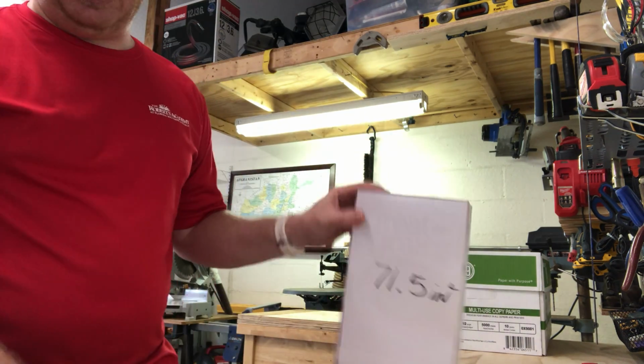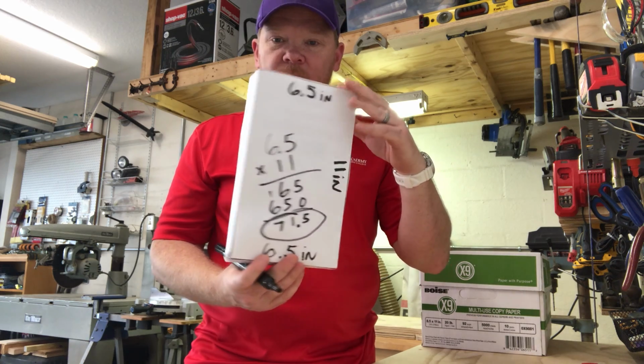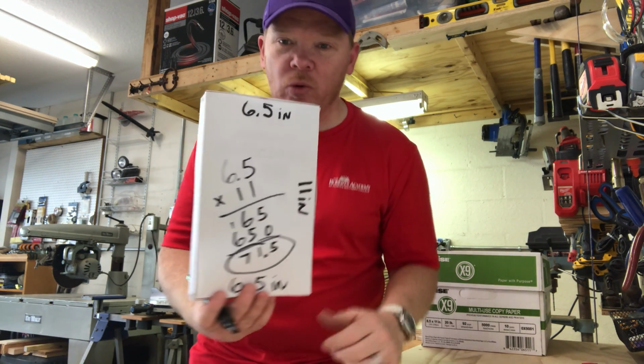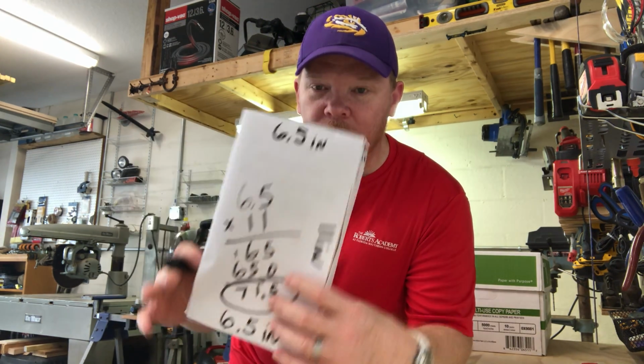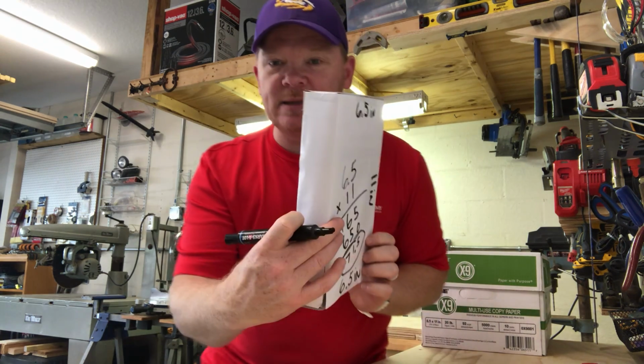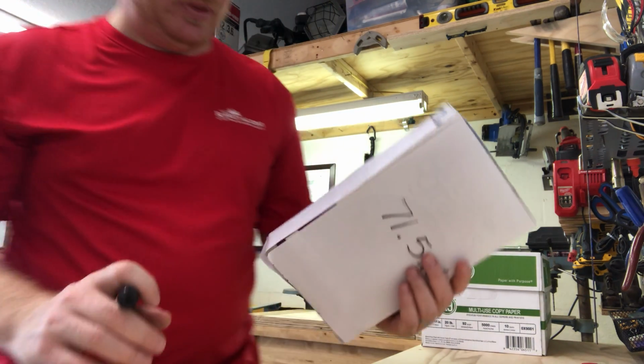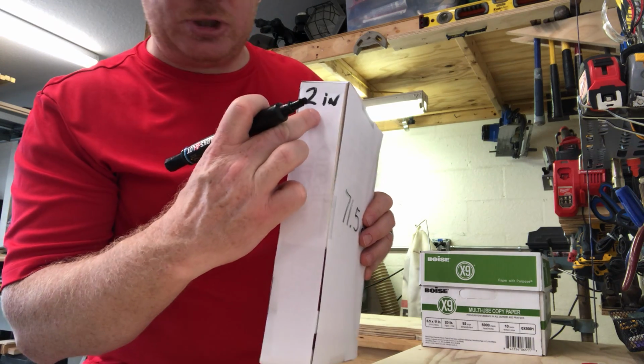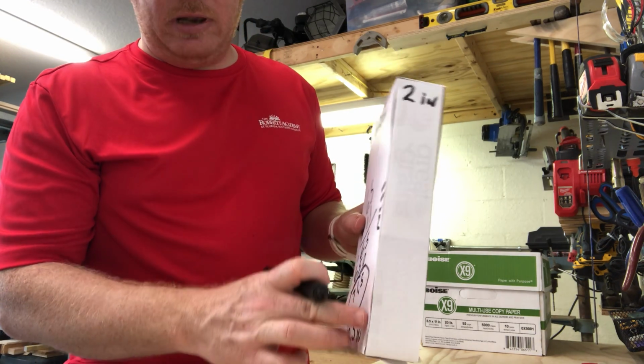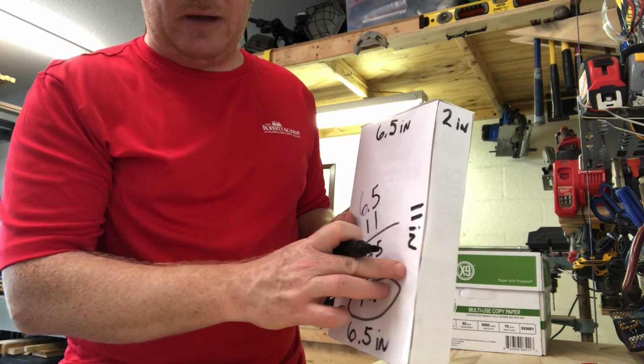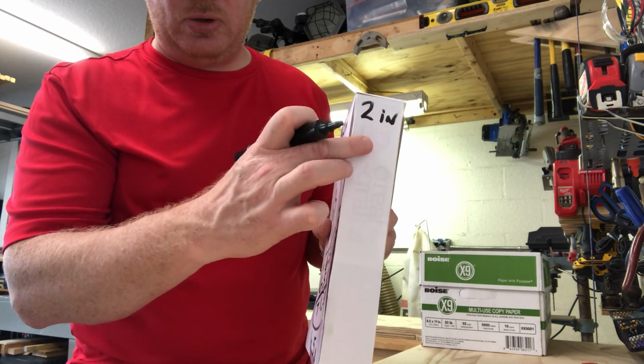So now you've got the front and you've got the back. Well, we've got four more to go. We've got the top, the bottom, and the sides. Let's talk about the sides real quick. The side is a 2-inch width here, and the length or the height, remember, was 11 inches. So this is a 2 by 11.